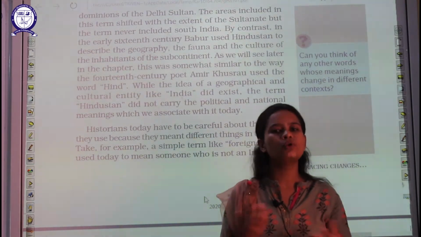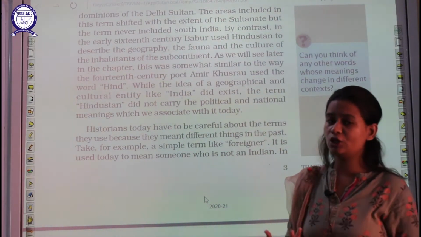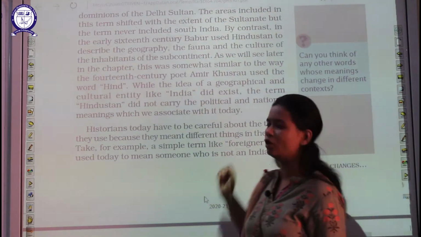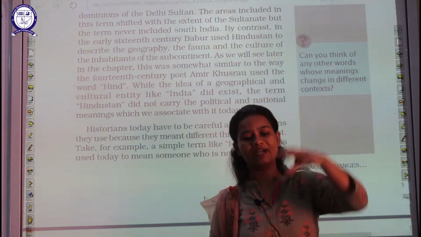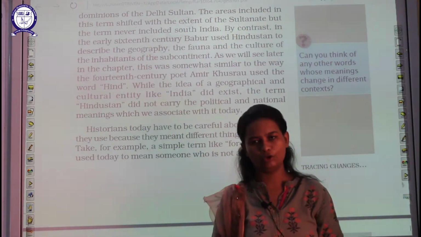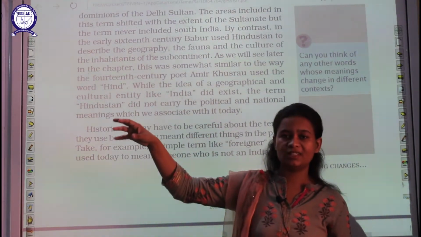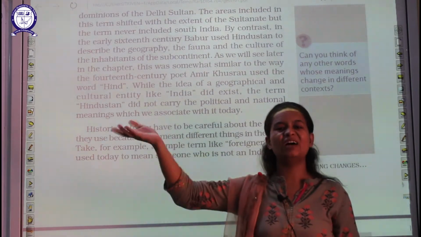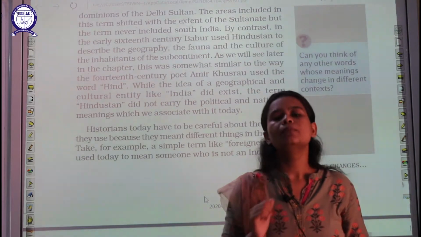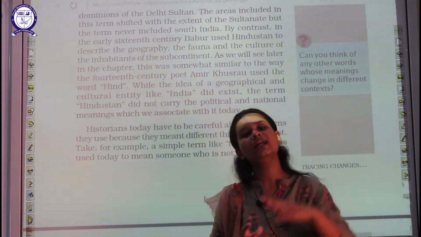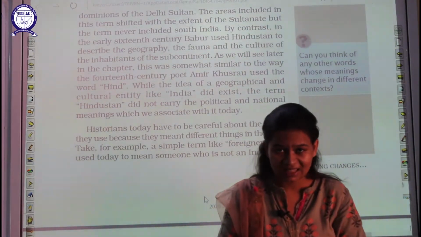Now let's take more examples. Another term is foreigner. If we talk about the past, a particular person was residing in a particular village, and if any other person came from some other village or city, that person was called a foreigner by the person who was residing there earlier, because he was not living in that place.